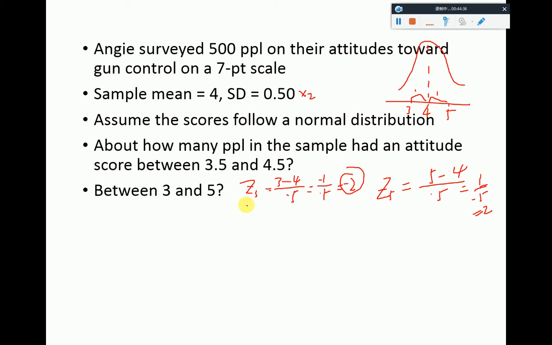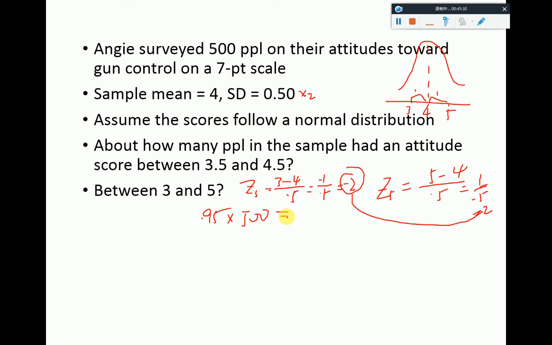Okay, and the third step is to apply the empirical rule. We know from the empirical rule, the second statement of the rule, that the probability for any value that falls within 2 standard deviations around the mean is 0.95. So that's why we use 0.95 to multiply with 500.